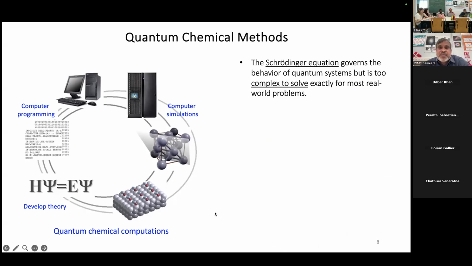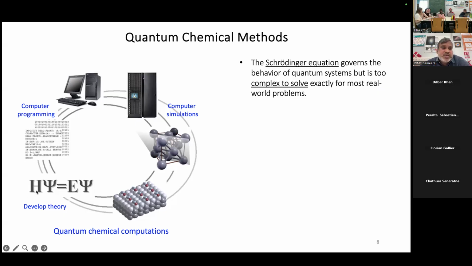Now, when you deal with quantum mechanics, the equation shown here is the Schrödinger equation, and solving the Schrödinger equation for larger molecular systems is not practical because of the computational cost. It's not a problem of the theory, it's a problem of the computational cost.